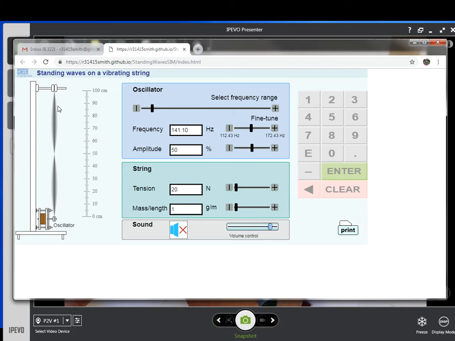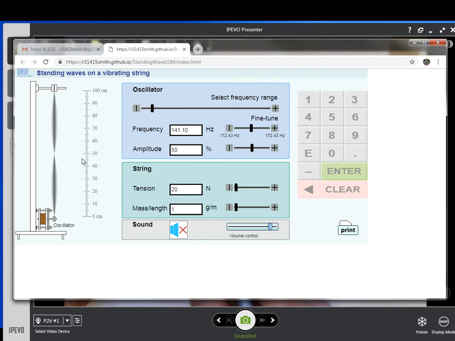This frequency here, f2, is equal to 141.1, and that is the n equals 2 mode. And that's actually a place where lambda is equal to the length. And if you notice the length is from 0 to 100, so that is actually 100 centimeters is my lambda, that's equal to 1 meter.